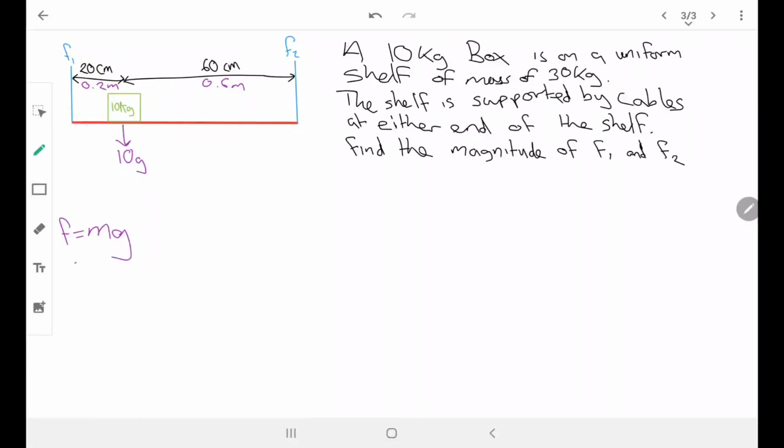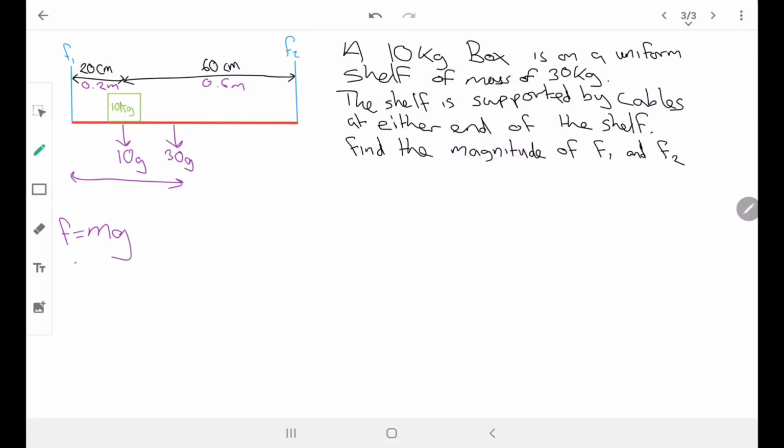Now the shelf is a uniform shelf, which means its mass is evenly spread across the entire shelf, and therefore we can assume the centre of mass is in the middle. I'm going to say here, and that is 30g. And this entire length is in the middle of our shelf. Well, how long is the shelf? The shelf is 0.2 meters from this F1 to the box, and then we have another 0.6.